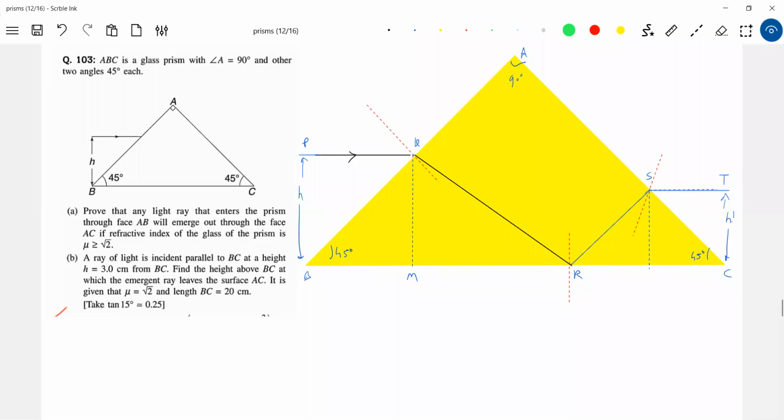So this angle is 45 degrees. This angle will be 45. The incident angle will be 45. So with this, I'll get this angle R1, or we'll write R. Applying Snell's law, this is air.